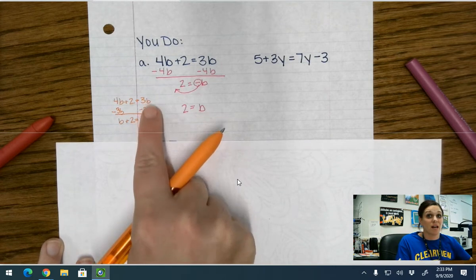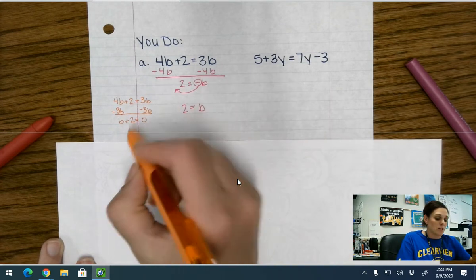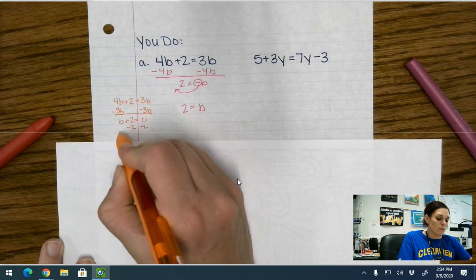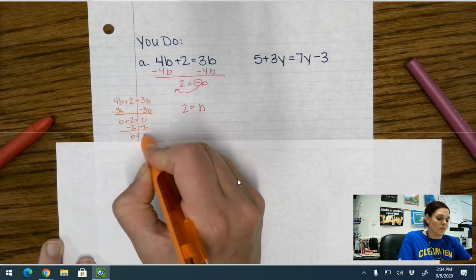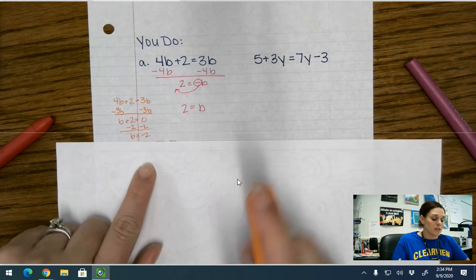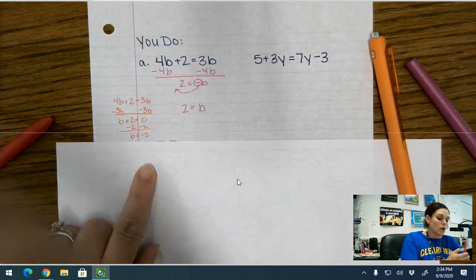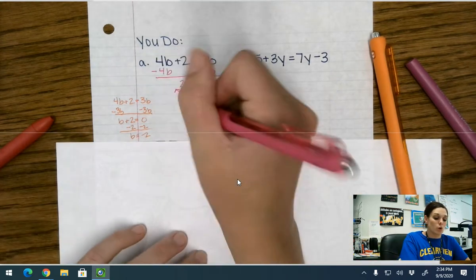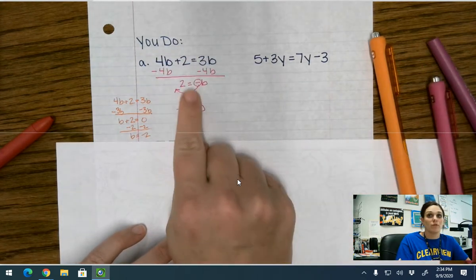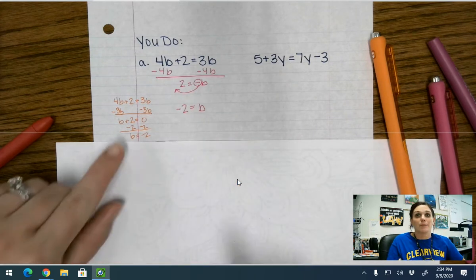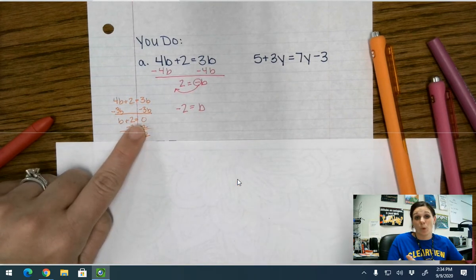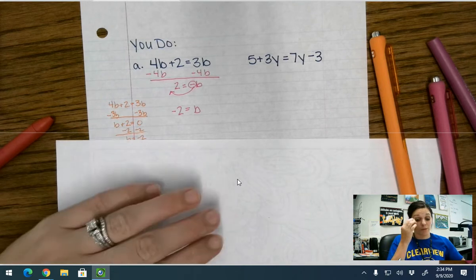So understand everything is vertical. In this case, we would have subtracted 2 from both sides, so b would have equaled negative 2. You're going to get that same answer regardless. I forgot I moved the negative, but I didn't write it. Just keep in mind you have to have that 0 placeholder if you solved it this other direction.